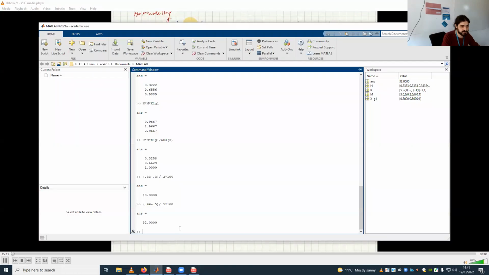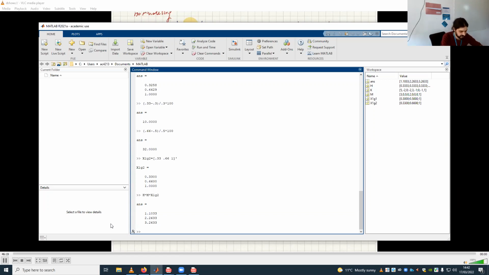So first of all, let me do this in MATLAB. x1 guess 2 equals 0.33, 0.66, and 1, transposed. So I have h times m times x1 guess 2. This is what we get out of it: 1.10, 2.26, and 3.26.